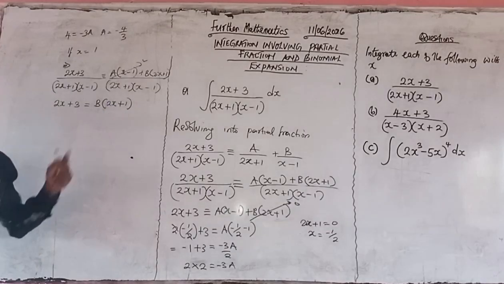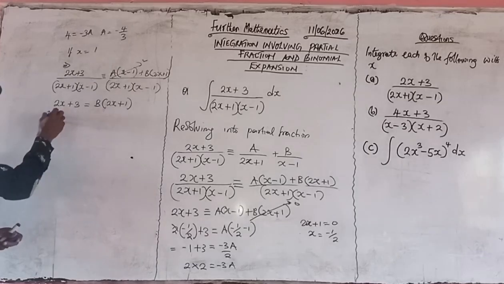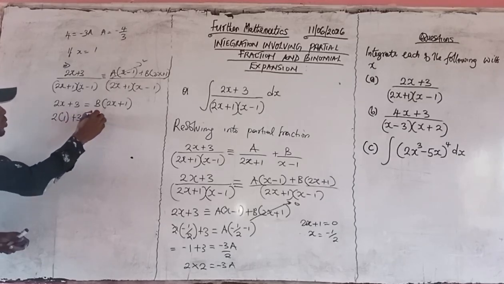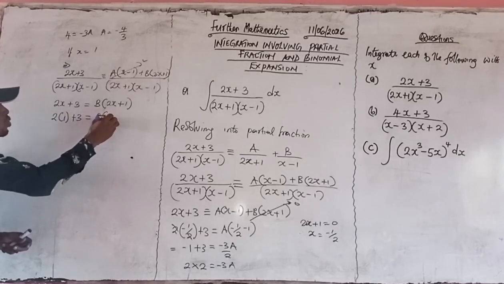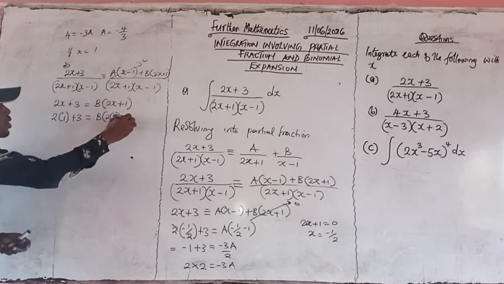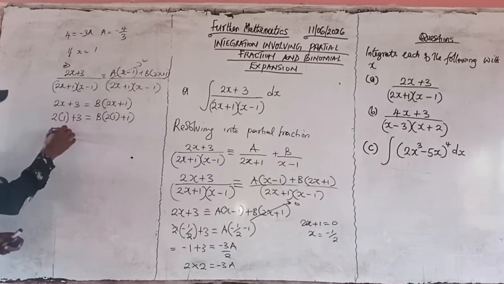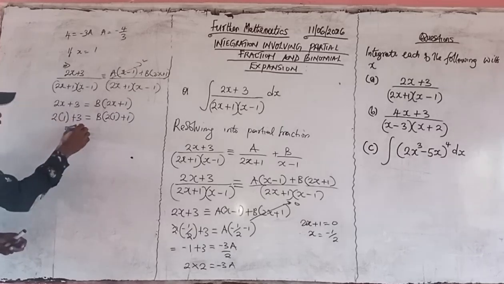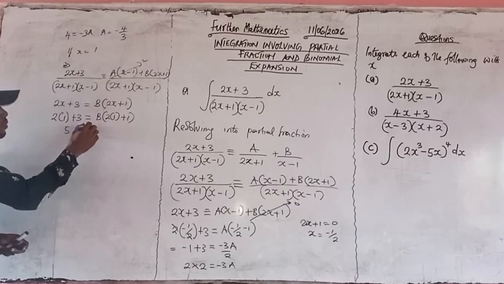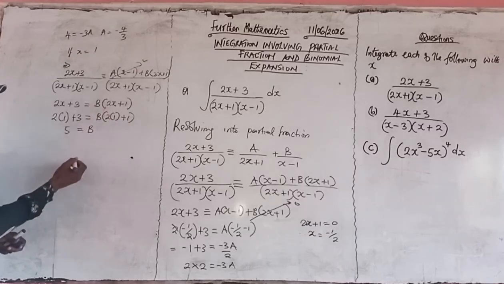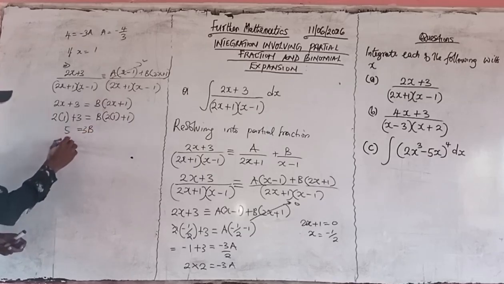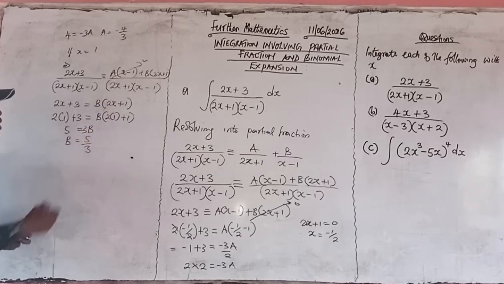Let's substitute the value of 1 in this expression: 2(1) plus 3 equal to B(2 times 1 plus 1). 2 plus 3 is 5, equal to B times 3, so we have 3B here. Therefore, B is equal to 5 over 3.